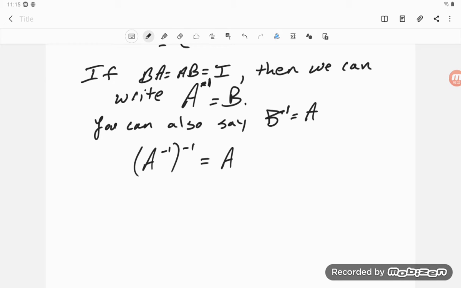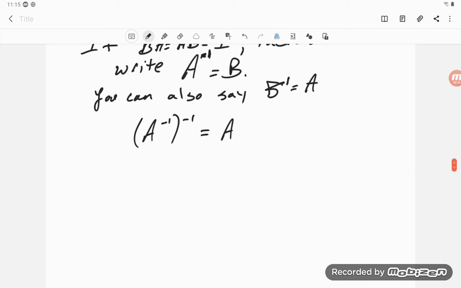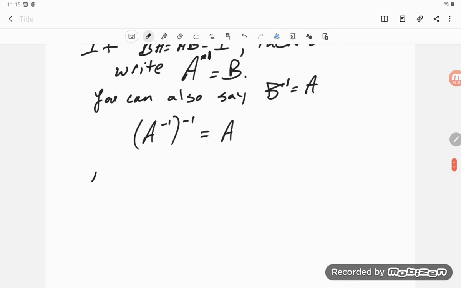Okay, so let's see. I'm trying to think, do we want to write any more here? I think we do. Let's write one more theorem.